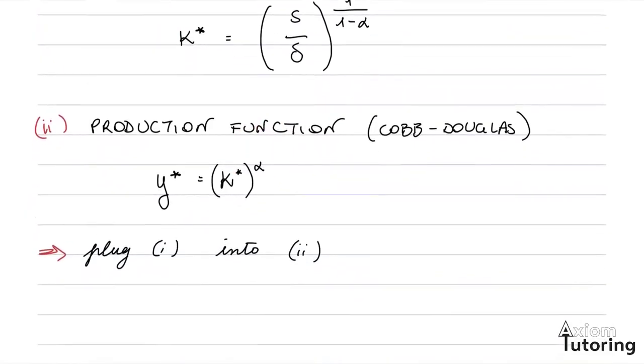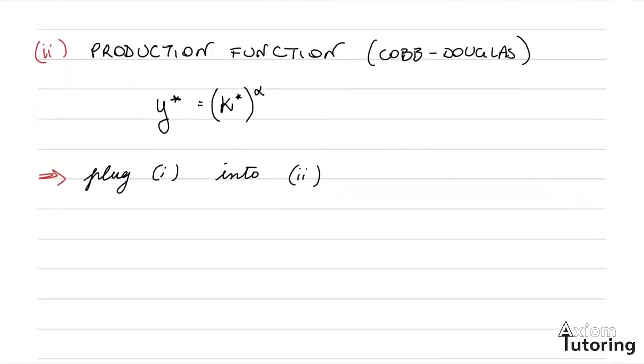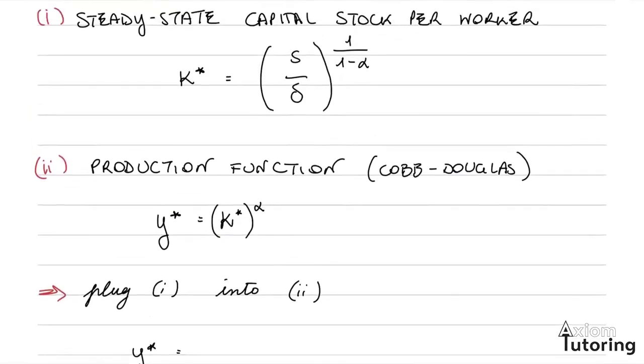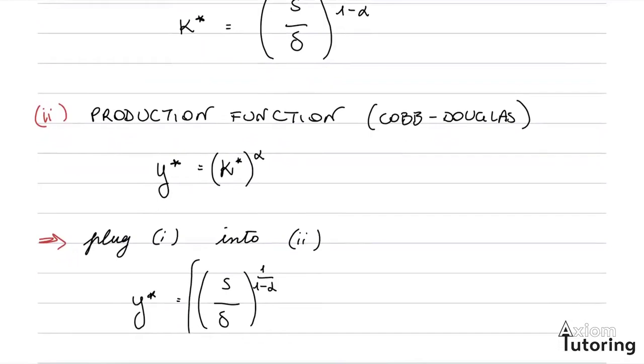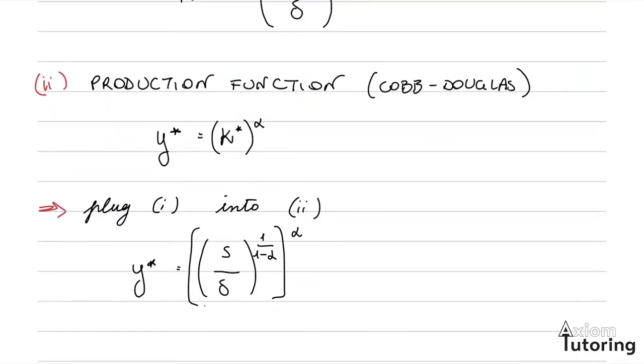And that's exactly what we're going to do. It's one simple step. So we're going to say that our output in the steady state is equal to savings rate over depreciation rate to the power of 1 over 1 minus alpha, everything to the power of alpha, because this is our K star.